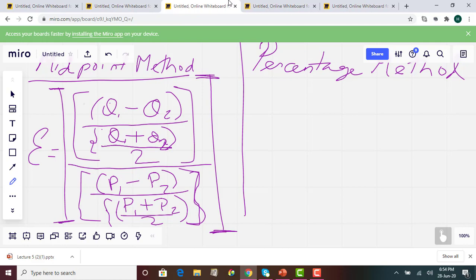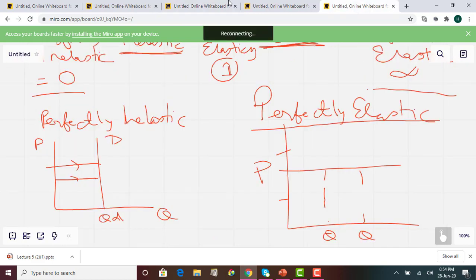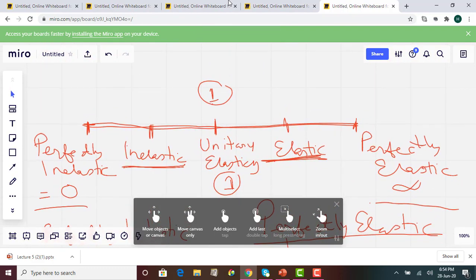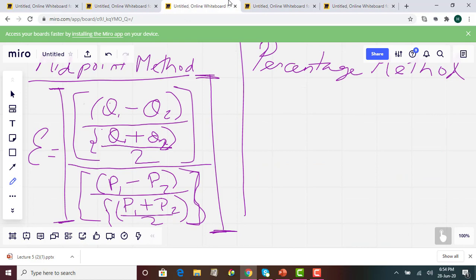If you remember at the very end of the line here, we have perfectly inelastic, and the very lowest coefficient is 0. We cannot go below 0, so it cannot be negative. Even if we might have a negative number here, because price and quantity demanded are negatively related, we will always use an absolute value to determine the elasticity.